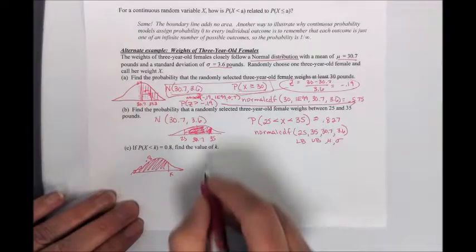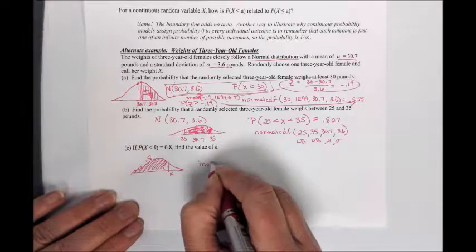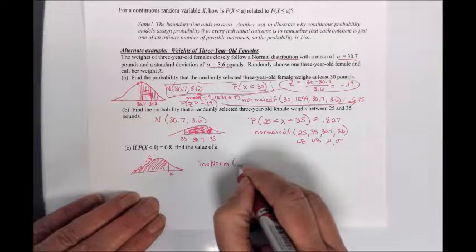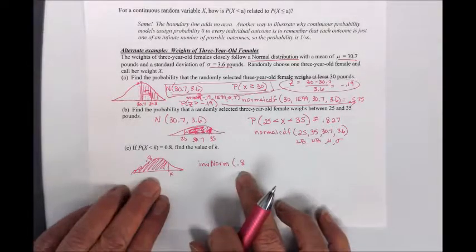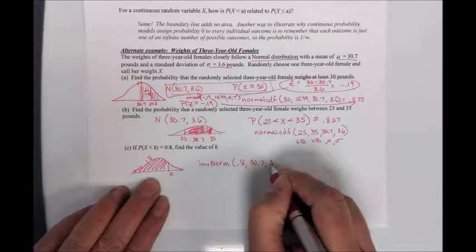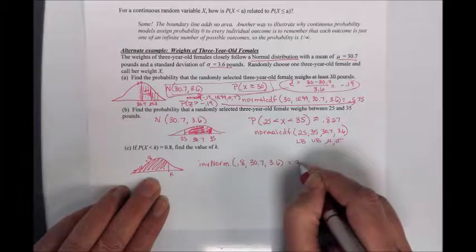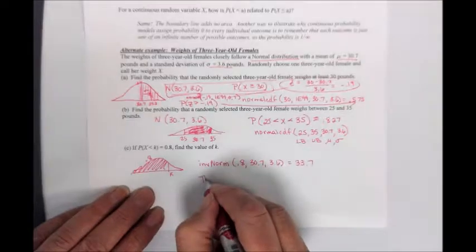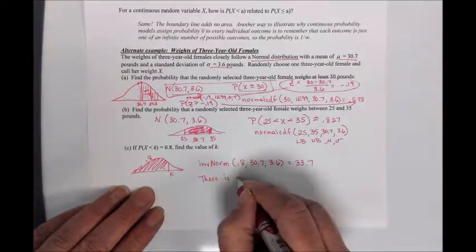So this is where I do my inverse normal. I'll put in the area to the left, so 0.8 to the left. I'll put in my mean and my standard deviation and get 33.7.